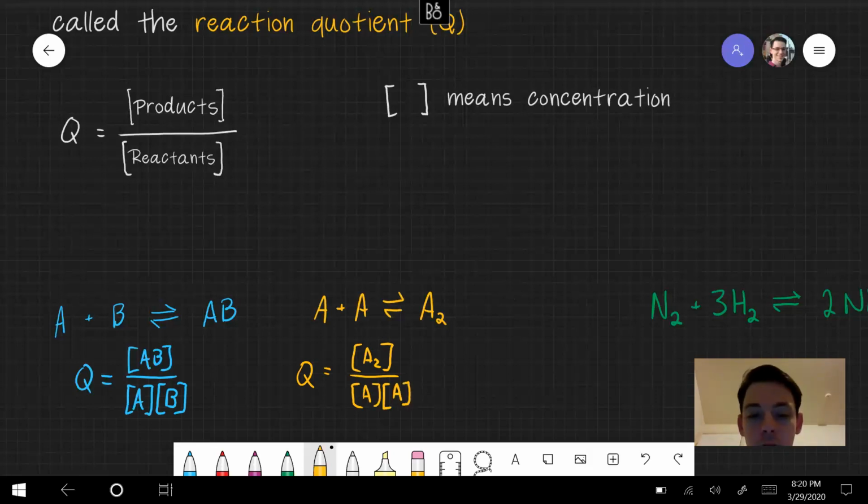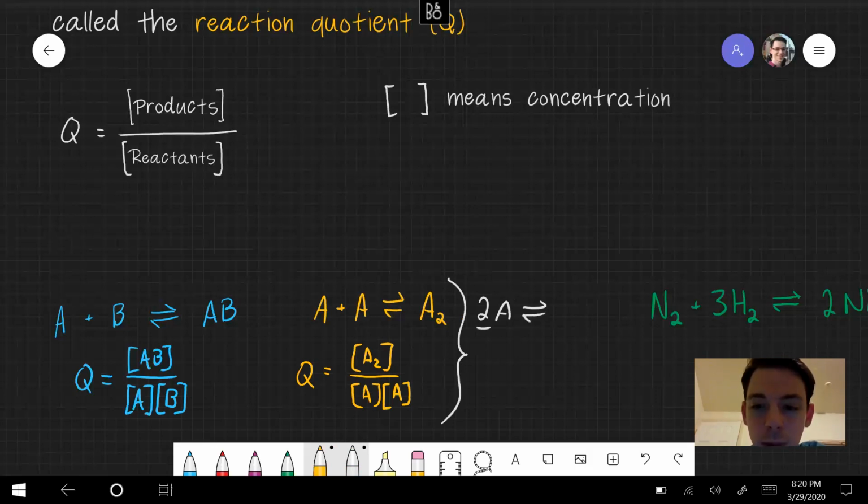Of course, we normally wouldn't write an expression this way, A plus A. How would we normally write it? We normally would write this with a coefficient, that is, two A's react to form A2. All right. So now, I could rewrite Q. What's a simpler way we can write A times A?